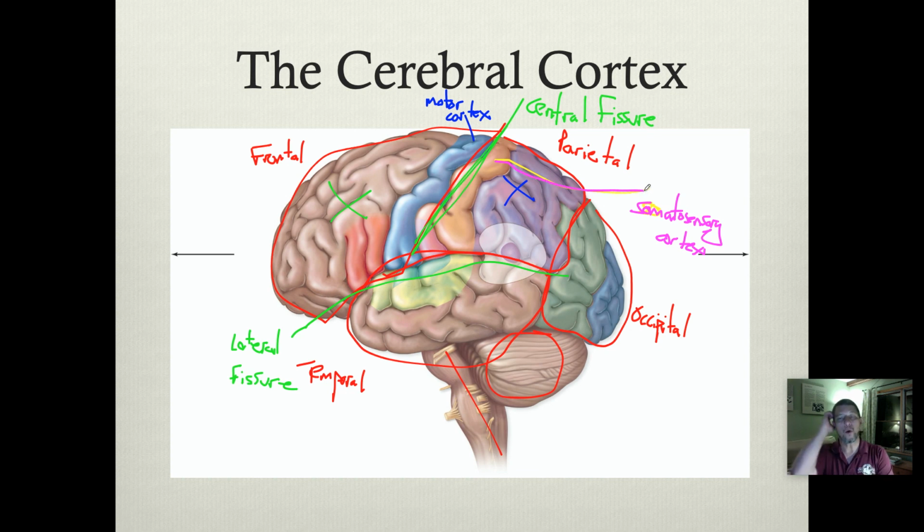Notice that the somatosensory cortex and the motor cortex are literally right next to each other. Even though they're on two different lobes in the brain, they are talking to each other all the time. So if you sense something with your fingers, the sense goes into the somatosensory cortex, and then the response to that comes out of the motor cortex.